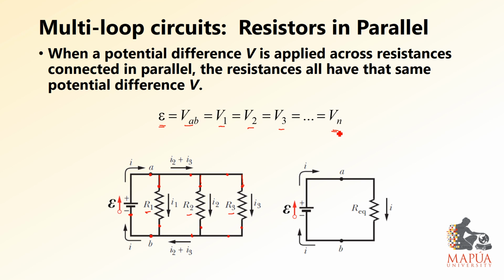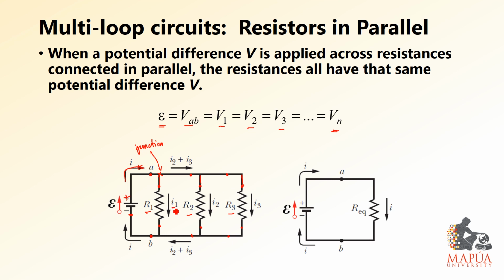Now, what happens if we consider the current I? As you will notice, the current I that flows from the positive terminal of the battery encounters a junction, and this current will be divided into two.